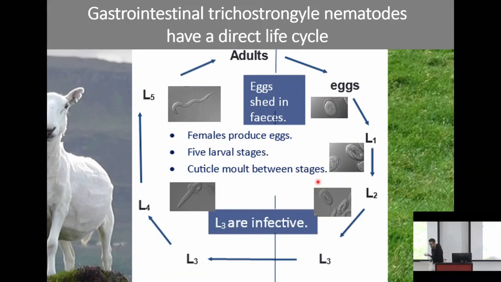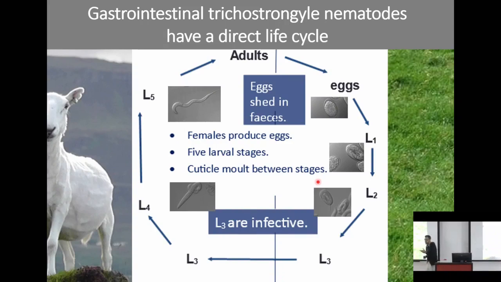What is a predilection site? This is the site where the parasite resides. Whatever we talk about, like today's lecture, we are going to talk about abomasum parasites. So it means that the L3 stage larvae go into the abomasum. Once they reach there, the L3 is further converted into L4 stage larvae and L5 stage larvae.